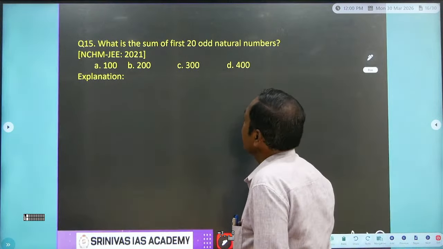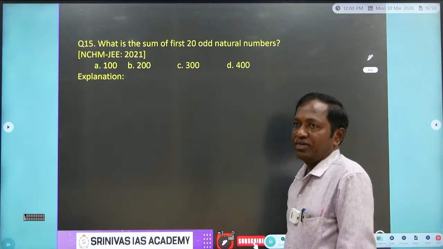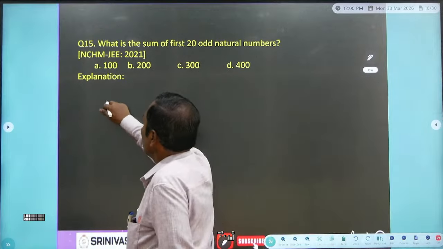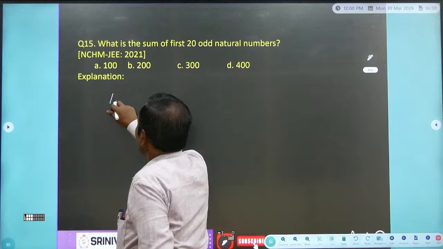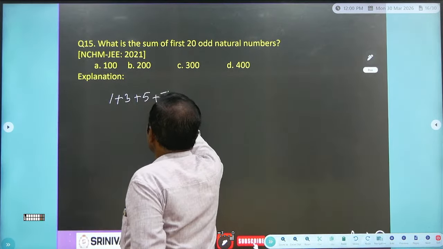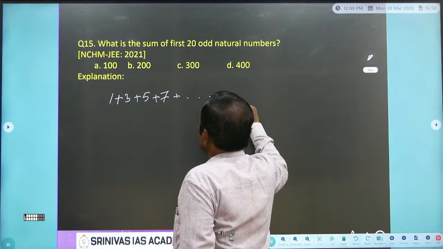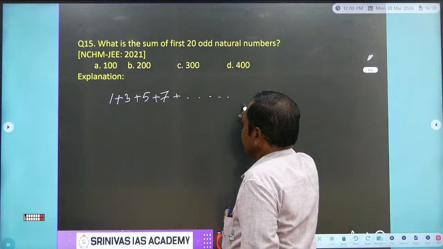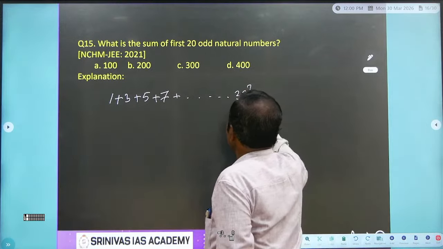Next, what is the sum of the first 20 odd natural numbers? It means 1 plus 3 plus 5 plus 7 and so on, the first 20 odd natural numbers. 20 into 2 is 40, 39 you can take.